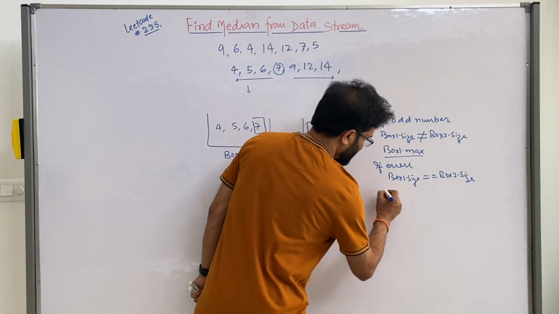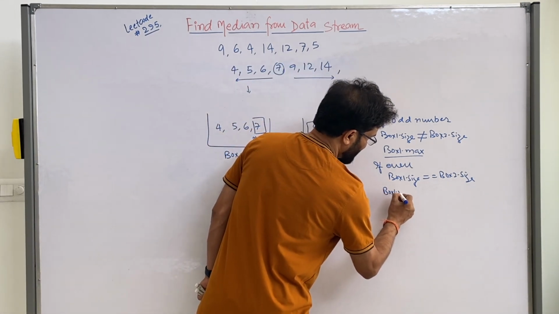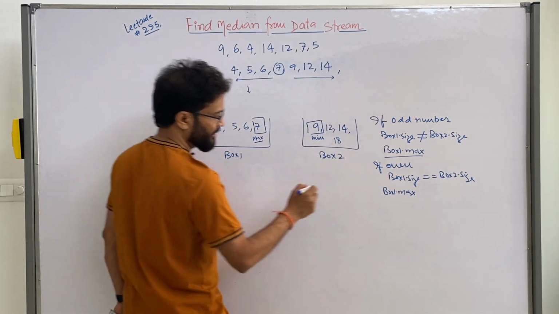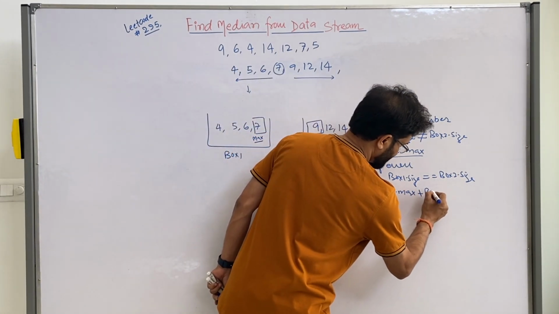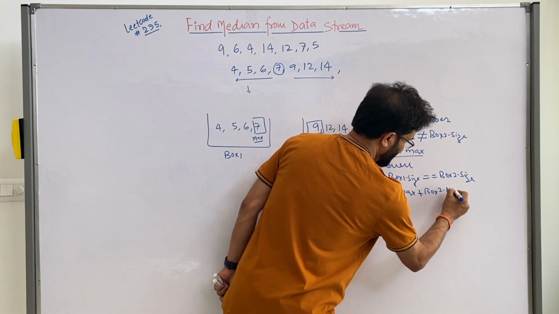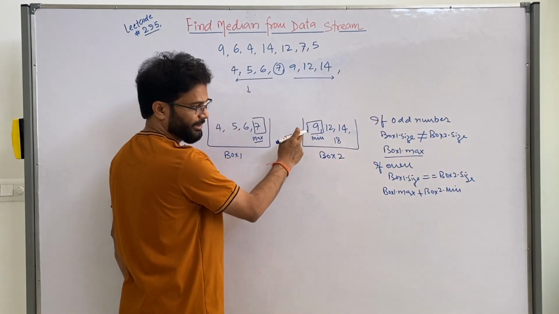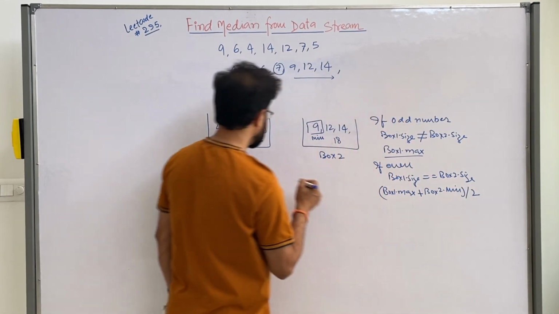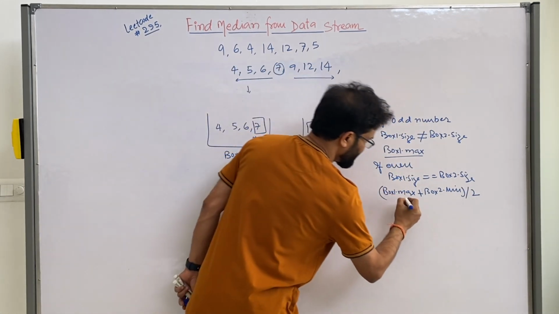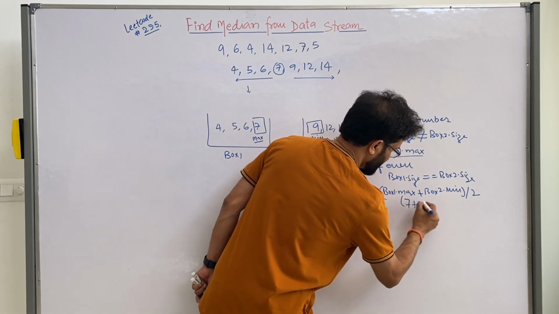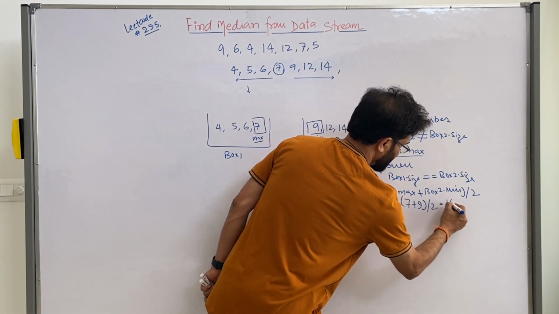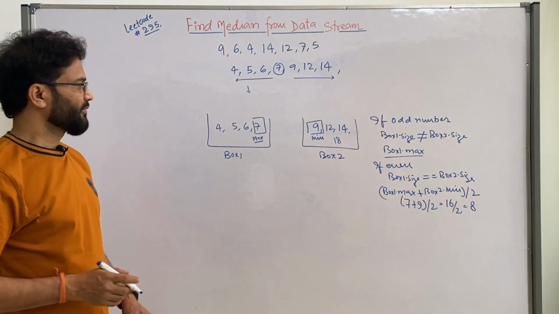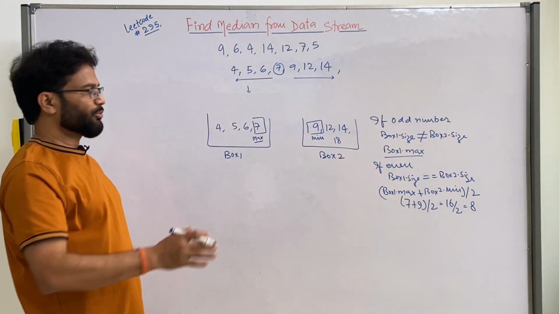We have to take the box 1 max plus the box 2 min, add them and divide by 2. In this case, 7 plus 9 divided by 2, 16 by 2, this is 8, right? So these things we have to consider.